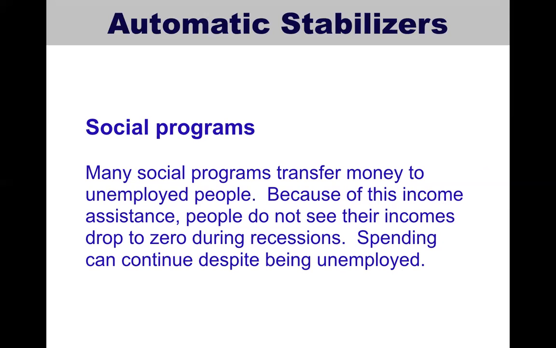So instead of going into a deep contraction because people don't have any initial money, we're going to give people some initial money. This will multiply out and cause that contraction to be less deep. So we're actually reducing the size of the contraction. So social programs help as automatic stabilizers.